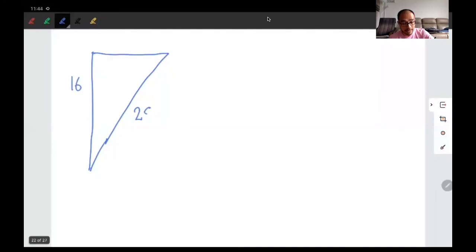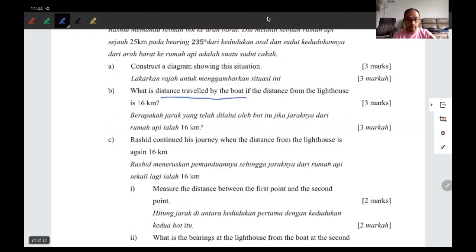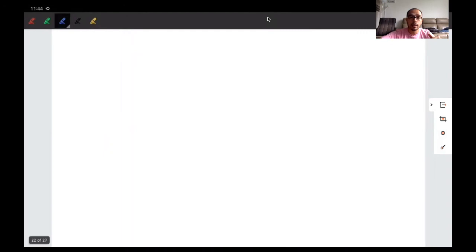I want to know what this is, and I know this is 35 degrees. This is the original point, this is where Rashid is at the moment, and this is the lighthouse. So how would I find this angle? Quite a few steps now. How many marks is this? Oh, 3 marks. Okay, can. So how would we determine this?